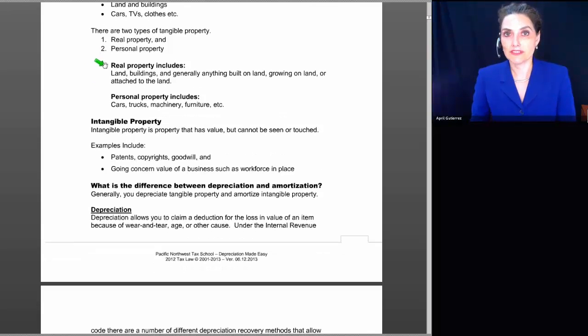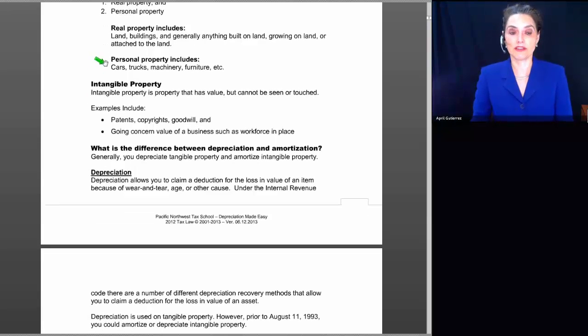It includes real estate, and that is land, buildings, and generally anything built on land, growing on land, or attached to the land. Personal property includes everything else: cars, trucks, machinery, furniture, your pet dog, your pet horse, your CD collection. That's all personal property, and it's tangible. You can see it and you can touch it.